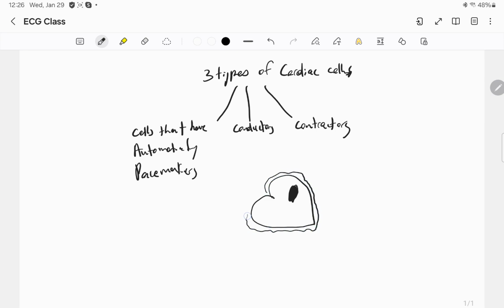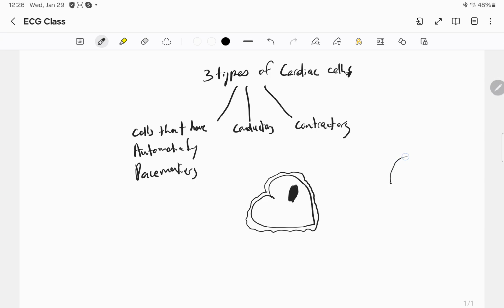So anyway, what we're saying is you have some heart cells that are able to depolarize spontaneously, right? So they, in a regular fashion, depolarize and repolarize, and they basically set the pace for cardiac electrical activity and contraction.